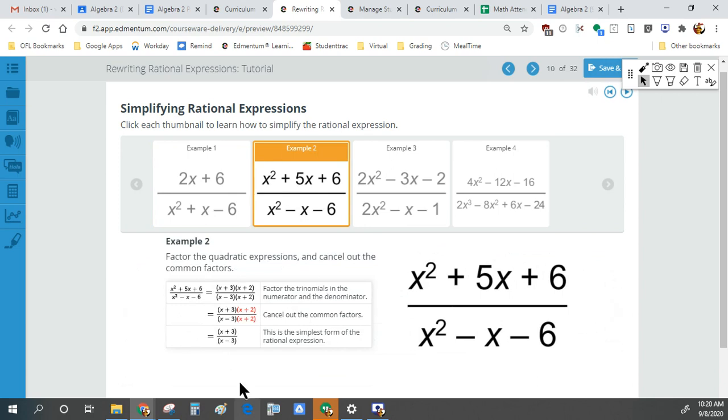Example 2 is just showing they're using the box method for both, and they're able to cross out the same term. So you're left with this rational expression. Even though that's a plus and a minus, these are two different things, two different numbers. Because let's pretend that x was 5, and you pretended you could cross this out.